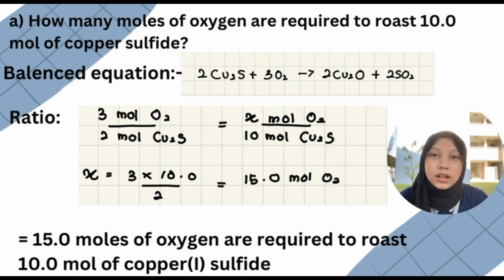And then you can calculate the ratio, which is 3 mole O2 divided by 2 mole Cu2S equals X mole O2 divided by 10 mole Cu2S. Then you need to solve for X, which is 3 multiplied by 10 divided by 2. Then you will get 15 moles of oxygen required to roast 10 mole of copper sulfide.